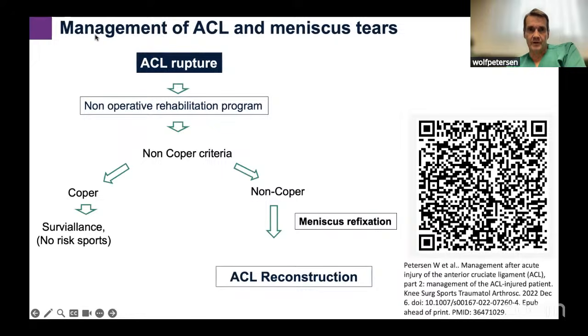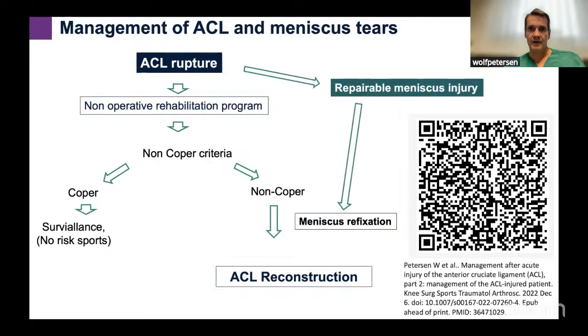So this is my algorithm for the management of acute ACL injury. Because the meniscus injury, as I showed you in the first algorithm, has high influence on our management.